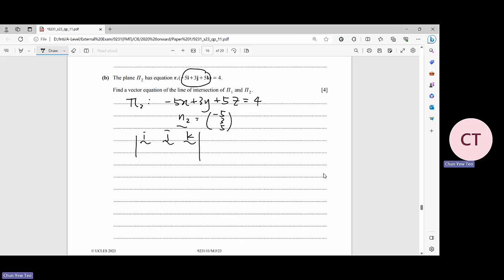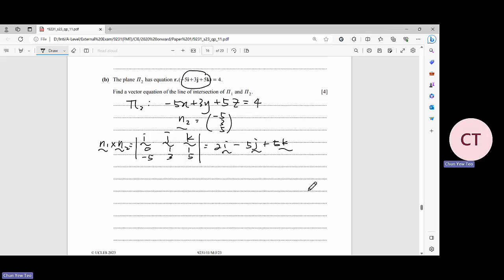In order to find the directional vector of the line, it will be the normal vector number 1 cross product with the normal vector number 2. Just now the normal vector number 1 is 0, 1, 1. This one will be -5, 3, 5. So you do the cross product, you will get this as 2i minus 5j plus 5k.